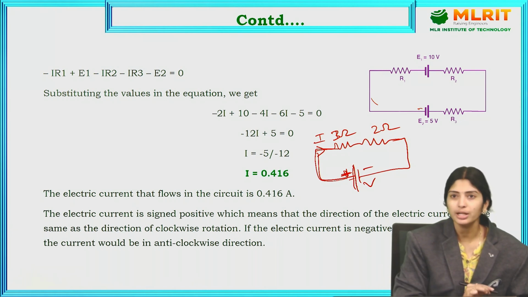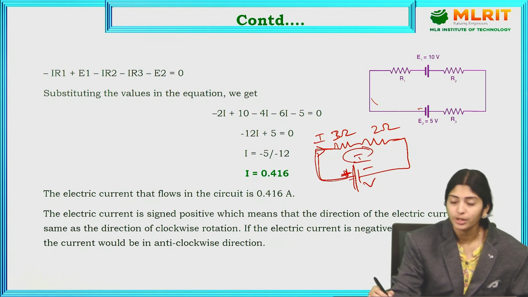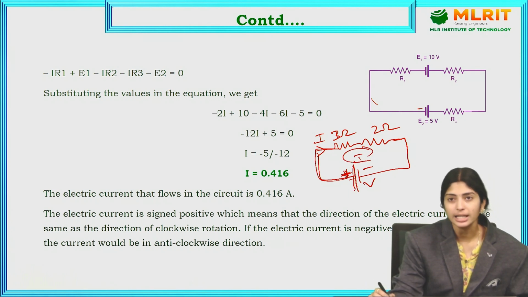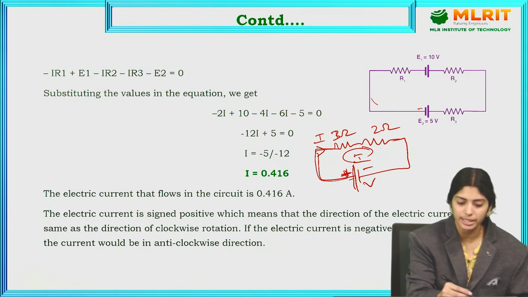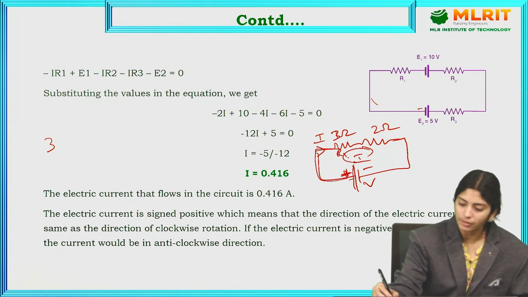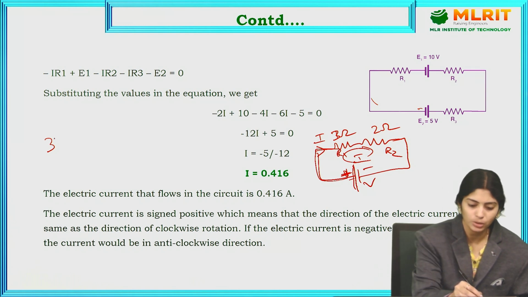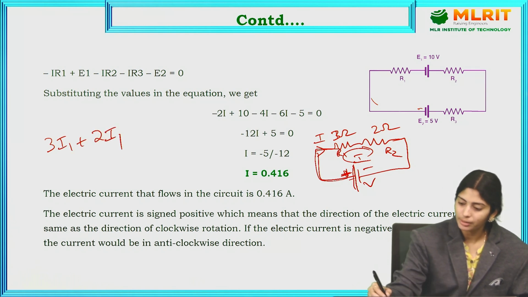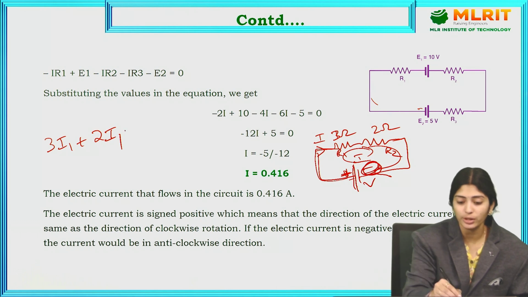In this case, how will we write down the equation? Total current I is flowing in the circuit. According to KVL, the algebraic sum of voltages in a closed loop is equal to 0. What are the voltages? 3, this is R1, R2. So 3 into I1 plus 2 into I1. If it comes near to here, a negative sign is there, so we have to consider the negative sign.